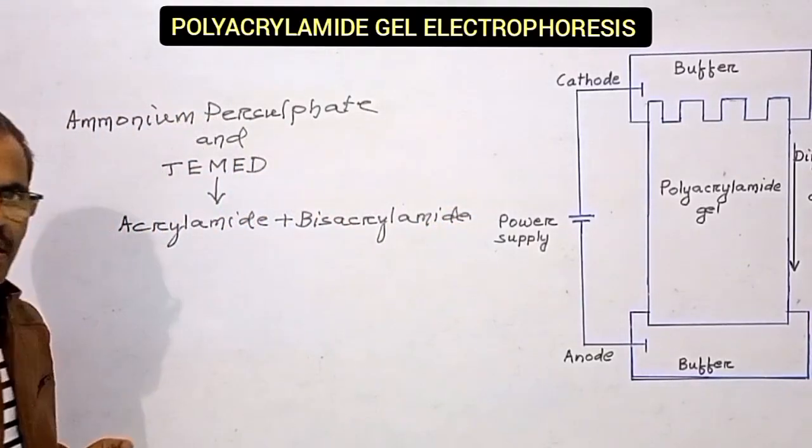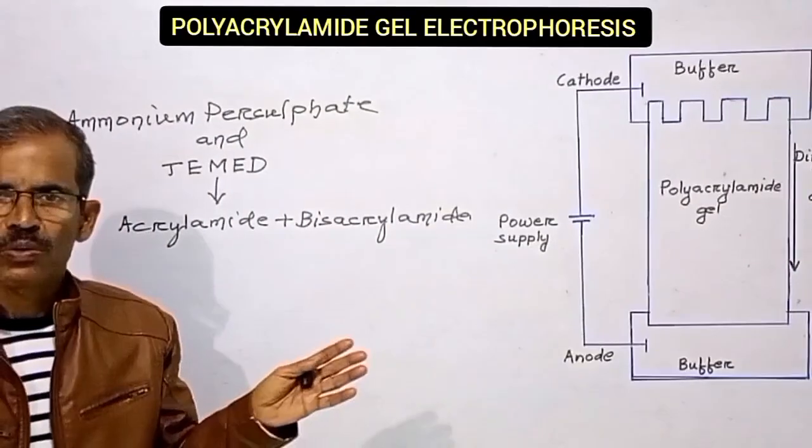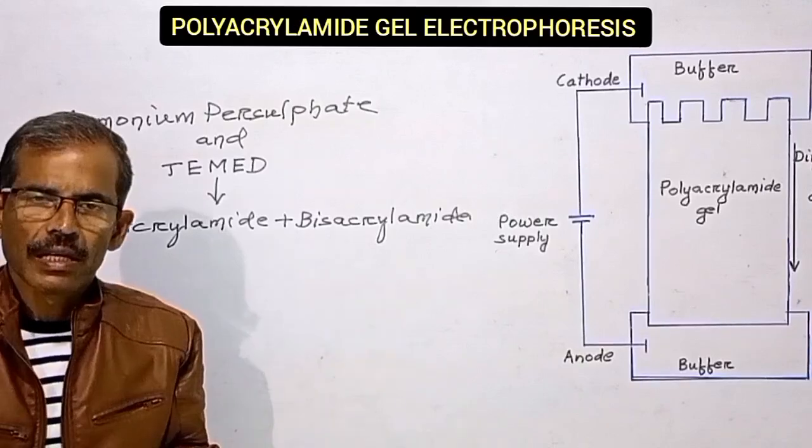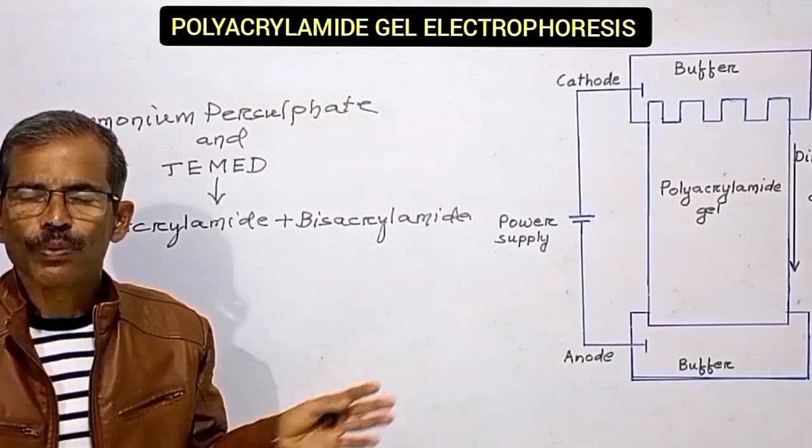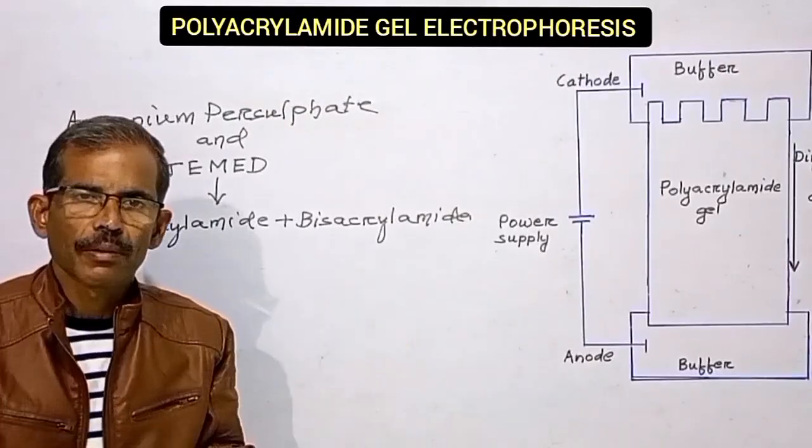Low pH and exposure to oxygen are prevented as they will inhibit the process of gel polymerization.